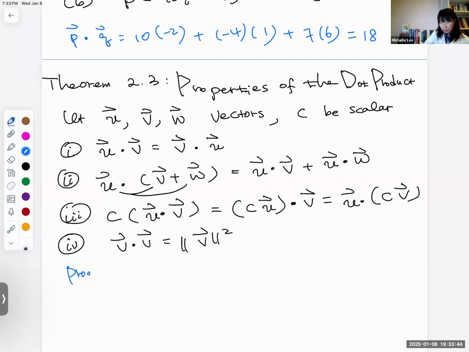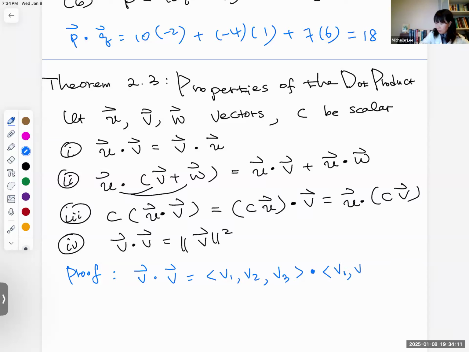Prove. So dot product with v. All right, so the components of vector v we can express as v sub 1, v sub 2, v sub 3, right? And dot product with itself.